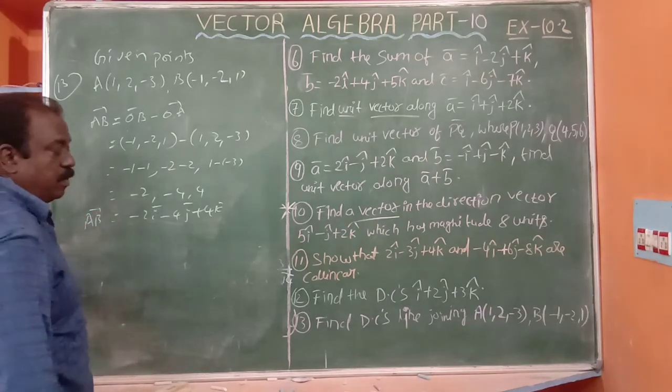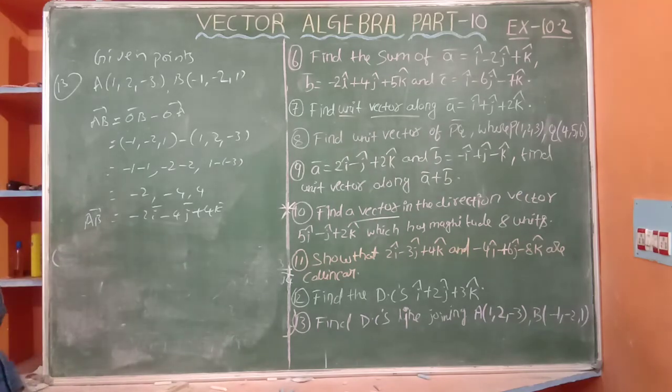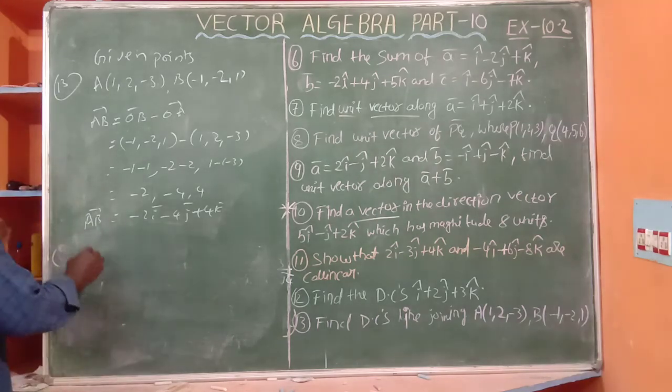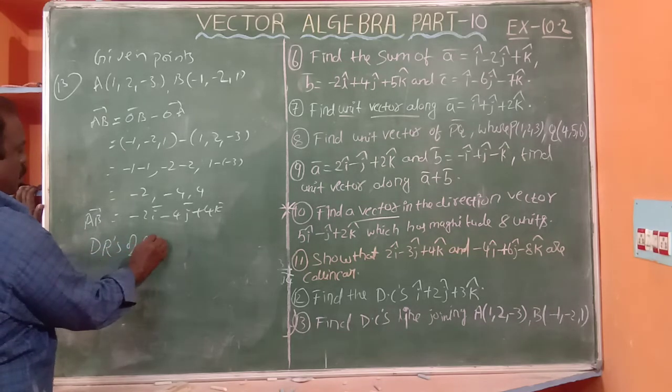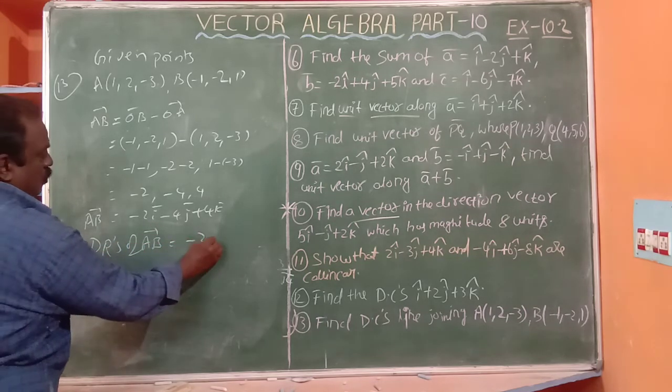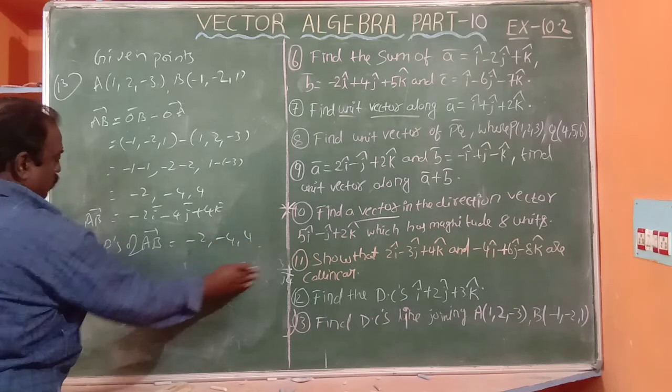We are asked to find the DCs of the line joining the points A and B. Now, what are the DRs of AB bar? Minus 2, minus 4, 4.